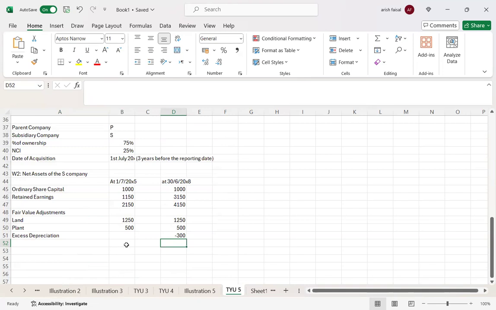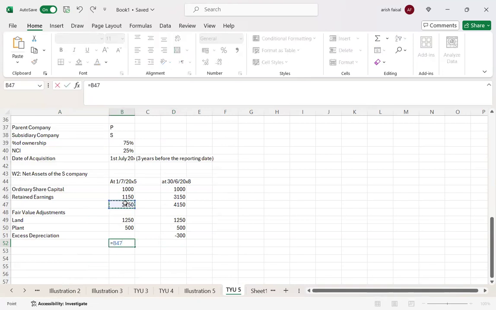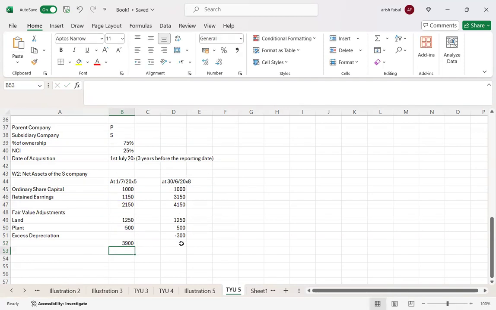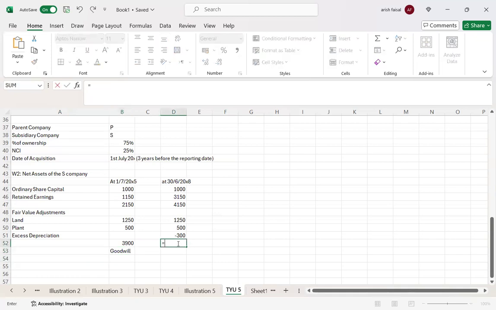So we can end up with this working by giving a total, which is 2150 plus 1250, and then plus 500. Okay. So this gives me a total over here of 3900. This figure will be used to calculate your goodwill, and here it will be a total of 4150 plus 1250 for the fair value adjustment for the land and net 200 for the fair value adjustment for the plant.